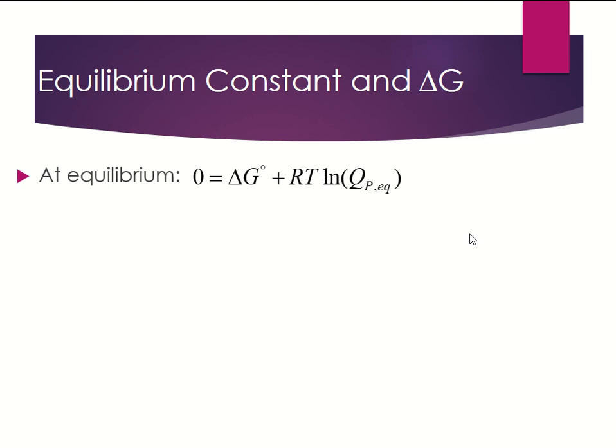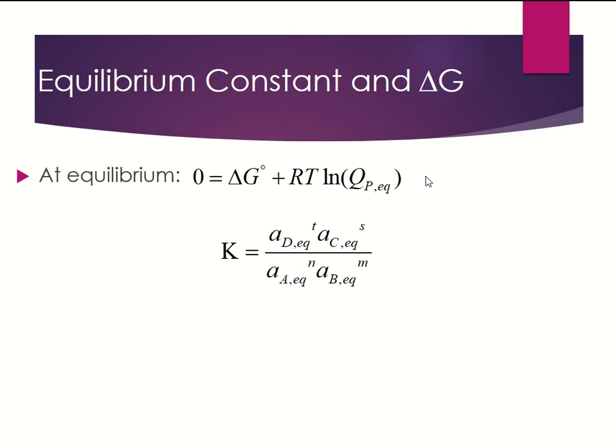Well, so at equilibrium, we're going to note that, as we saw in the first slide of this presentation, delta G is equal to 0. That's the minimum in the G versus reaction coordinate curve. So delta G is equal to 0 at equilibrium, and so that means 0 is equal to delta G naught plus RT ln of Q, with the proviso that we are talking about the equilibrium concentrations or activities of our products and reactants.